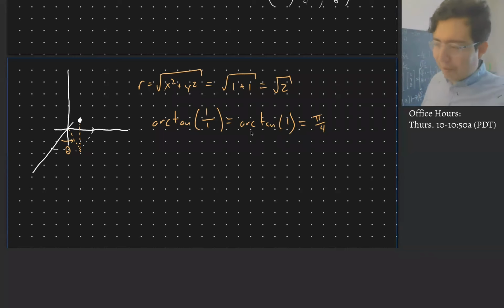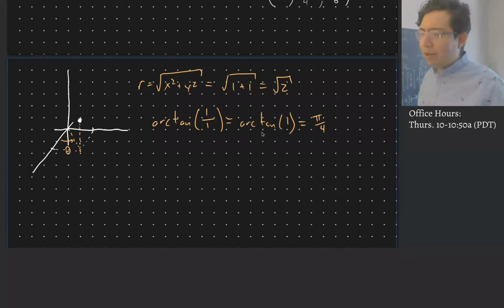That's not one you had to plug into a calculator. If you're looking for arctan of 1, you're looking for something whose tangent is equal to 1. If tangent is 1, then sine over cosine is 1, which means sine equals cosine, and pi over 4 is where that happens.